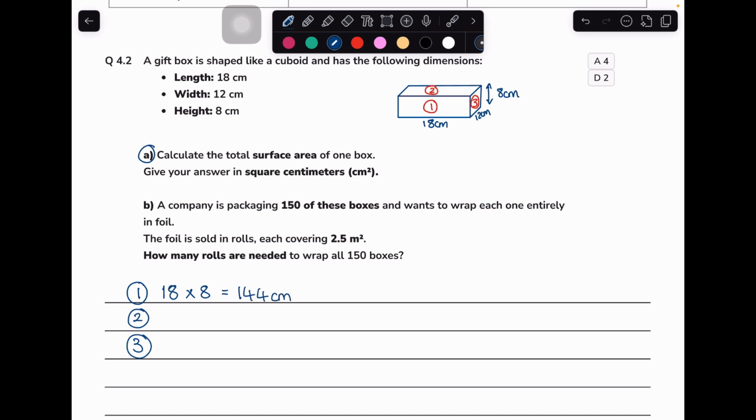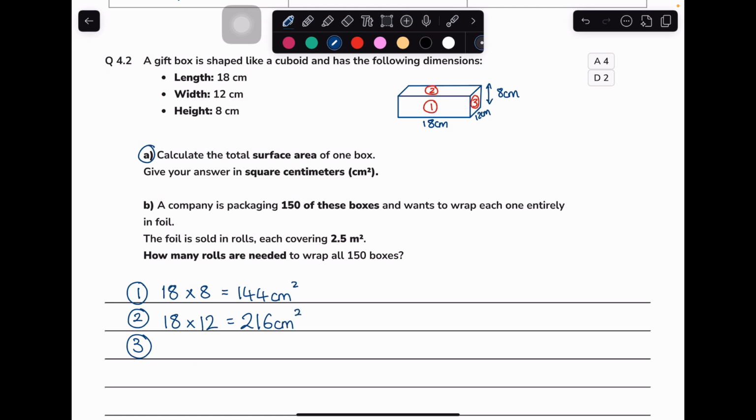144 centimeters squared. For side 2, we would need to do 18 multiplied by 12. Okay, so this time that would give us 216 centimeters squared.